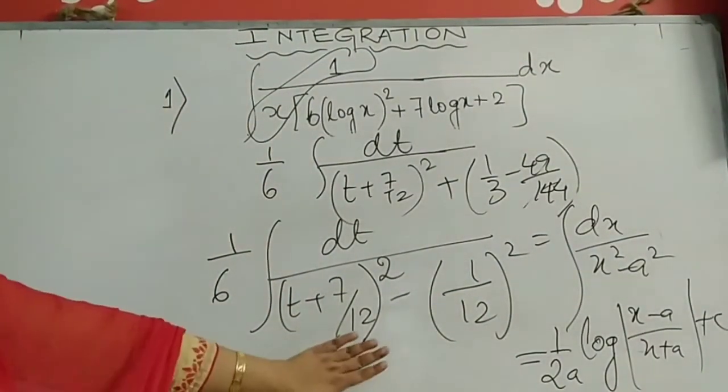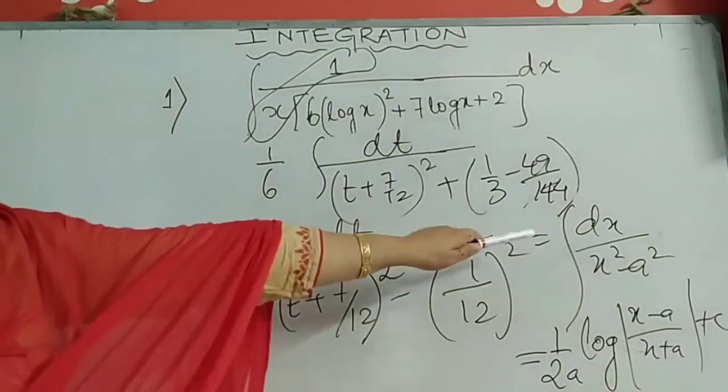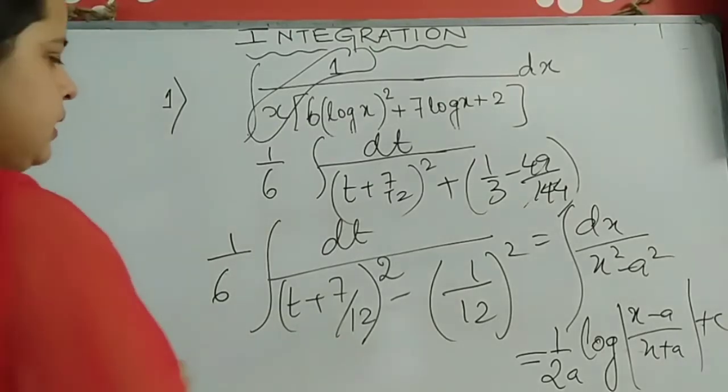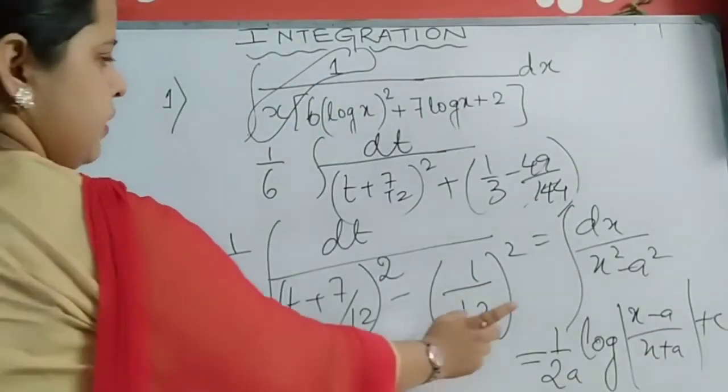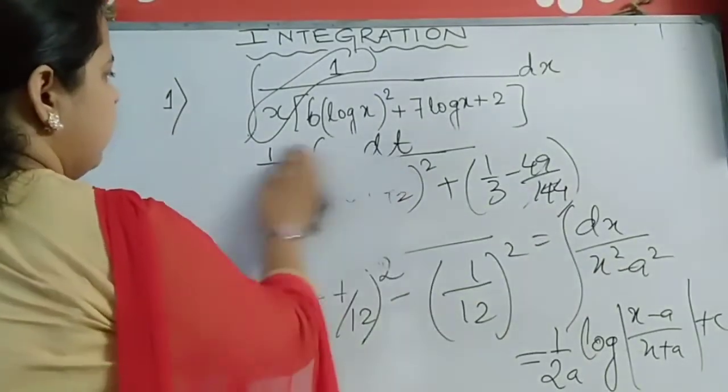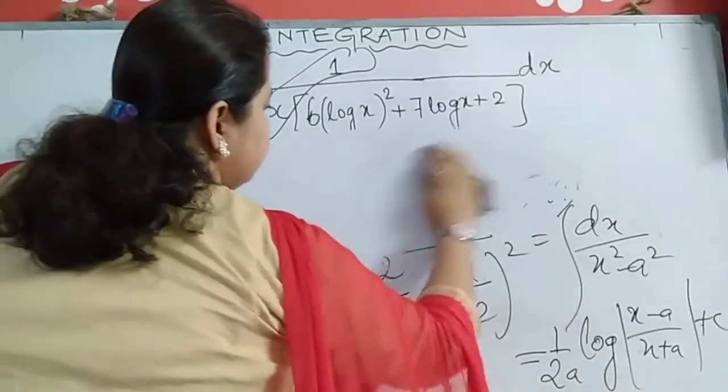Now I am going to apply the same formula here. Okay, so here x is t plus 7 by 12 and a is 1 by 12. So what am I getting?